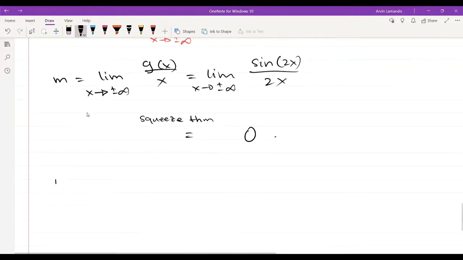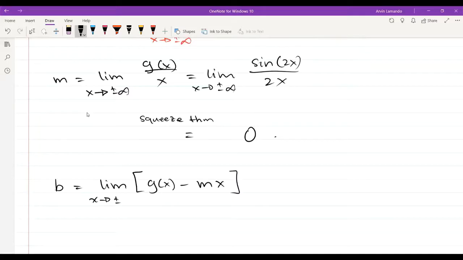Okay. To compute b, we should look for the limit of g of x minus mx as x approaches positive or negative infinity. But the limit of g of x minus mx is just the limit of g of x, since m is equal to 0.